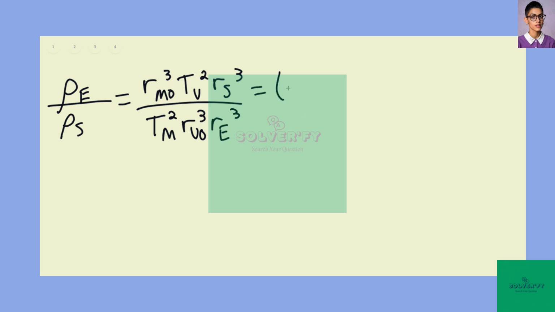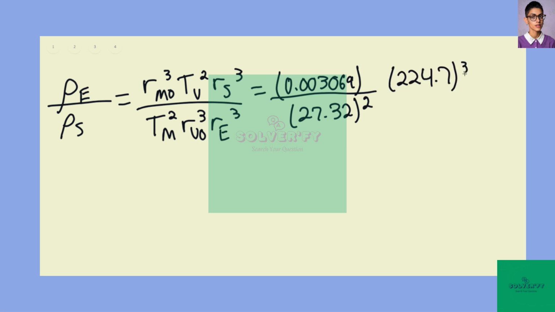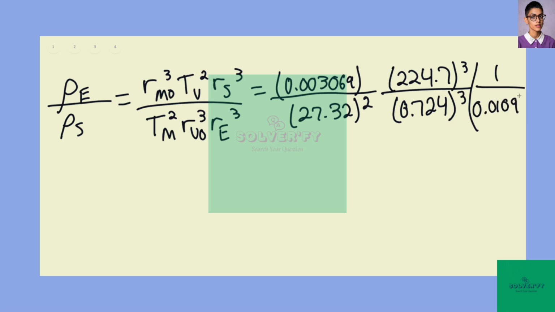And this is equaling 0.0036069 cubed divided by 27.32 squared, and then times 224.7 squared divided by 0.724 cubed, and then times, again, 1 divided by 0.0109 cubed. And we find that this ratio of densities will be equal to 3.98.